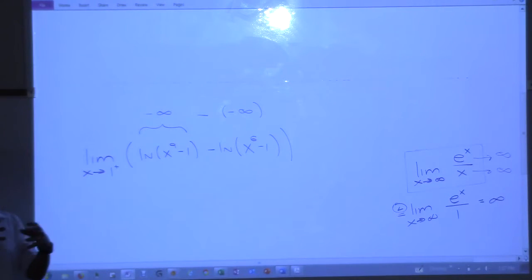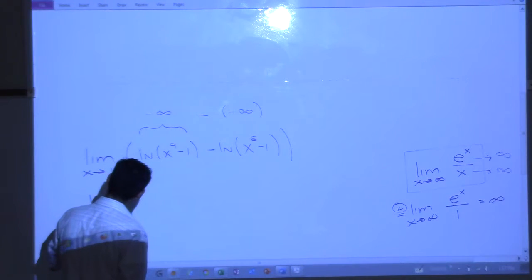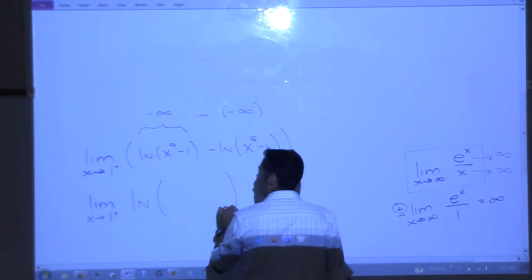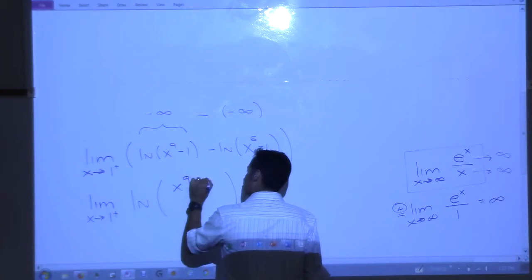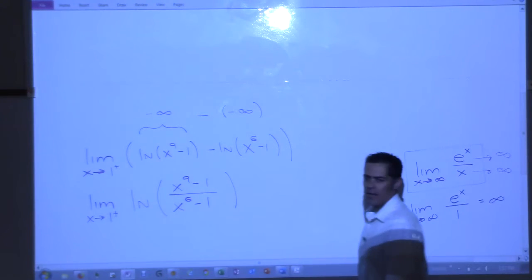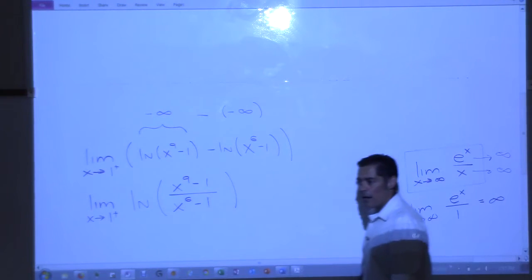Why don't we condense those into one log with division? So limit as x goes to 1 of a single natural log expression now of x to the 9th minus 1 over x to the 6th minus 1. That's just a property of log. That's all that is, right? Some algebra. And now let's try our limit again.